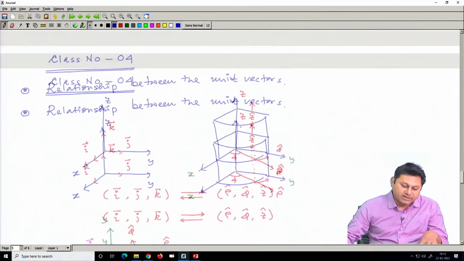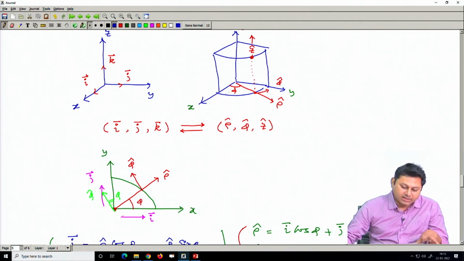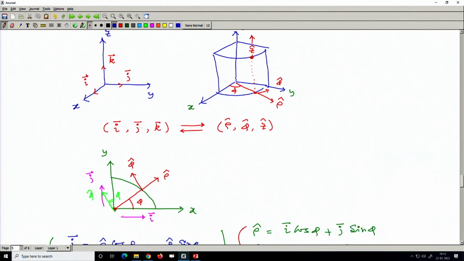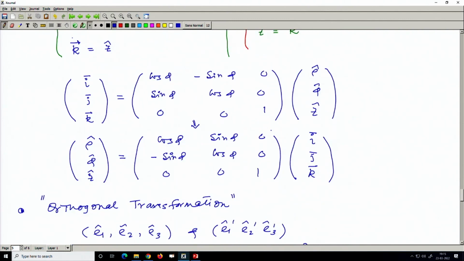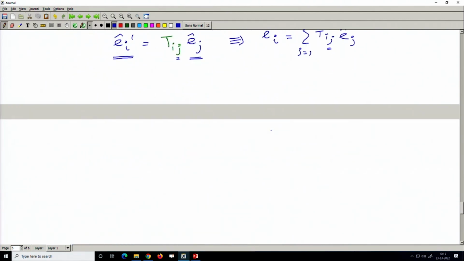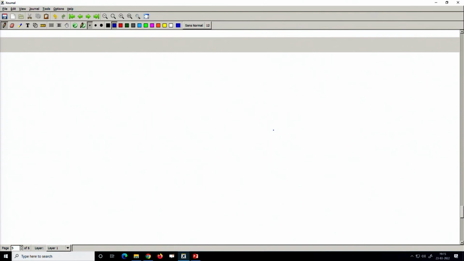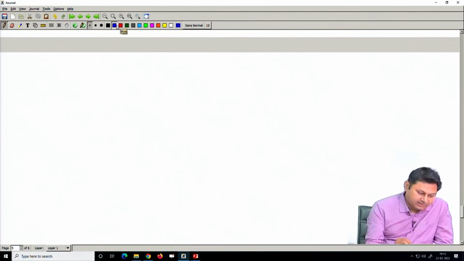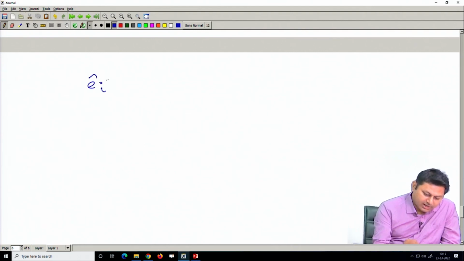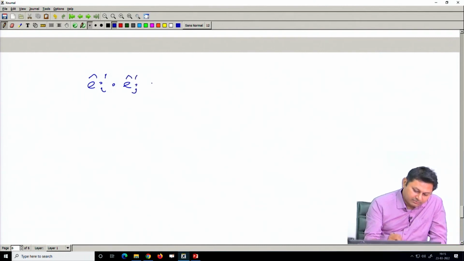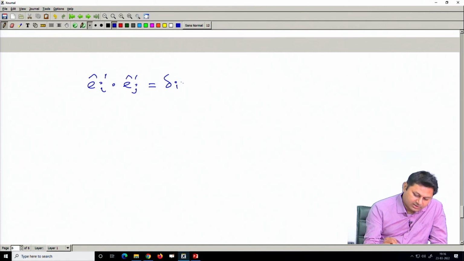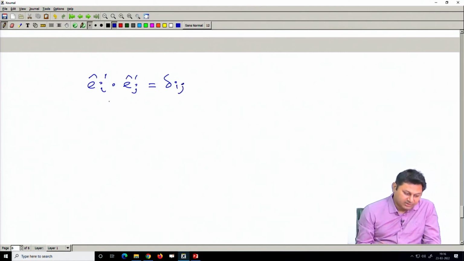Now I find that both coordinate systems, the Cartesian coordinate and the cylindrical coordinate, are orthogonal. I, j, k form an orthonormal basis, and rho, phi, z also form an orthonormal basis. So both coordinate systems form orthonormal bases. That means E_i prime dot E_j prime are related with the delta function because they form an orthonormal basis.